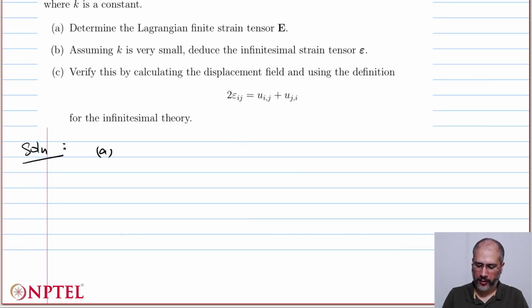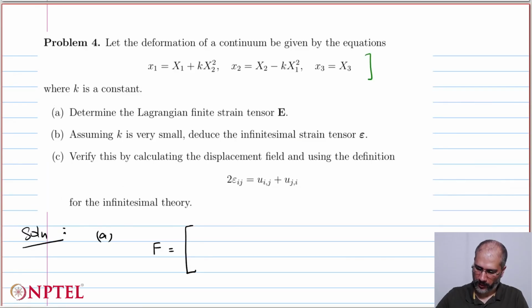So to get capital E, first we need the deformation gradient tensor, which for this case becomes del small x1 by del capital X1, which is 1, then del small x1 by del capital X2, which is 2k X2, and then 0. Similarly, del small x2 by del capital X1 is minus 2k capital X1, then 1, 0, 0, 0, 1.